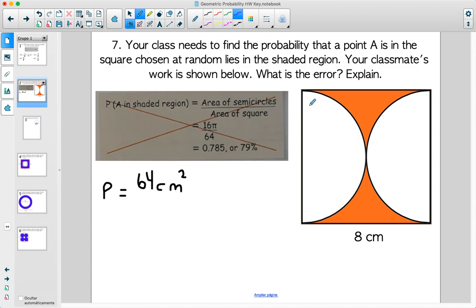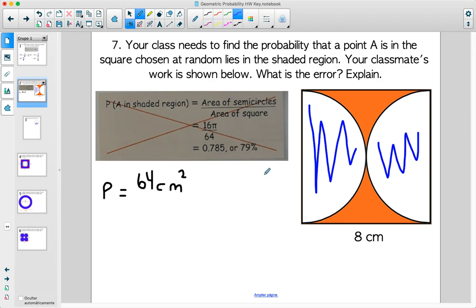I'm going to color code this as blue, just so that we know that that will be the area of the semicircles. From here to here, that's the radius. And from here to here, that's also the radius. So we actually just have a circle in here with a diameter of 8, or we have two semicircles that are both congruent.